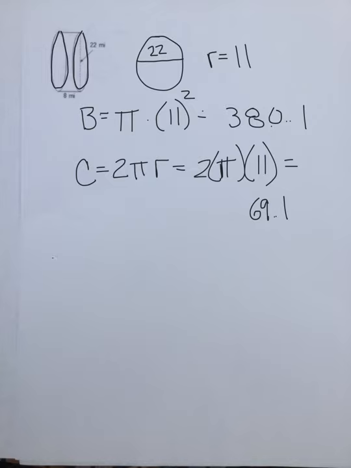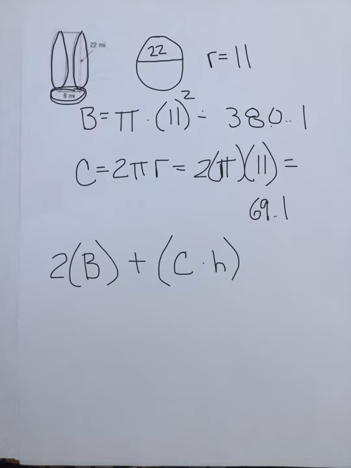So just like we said before for our triangular prism, 2 times the area of the base plus perimeter times height. The only difference is now, since the perimeter of a circle is known as the circumference, and when we say height, we're talking about the distance between the two bases. So this is going to be 2 times the area of the base, which is 380.1.